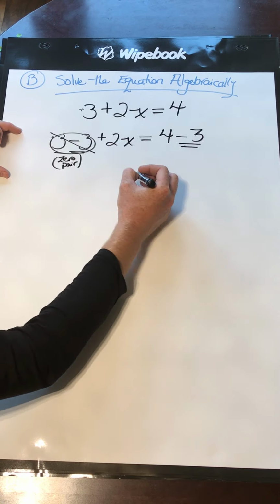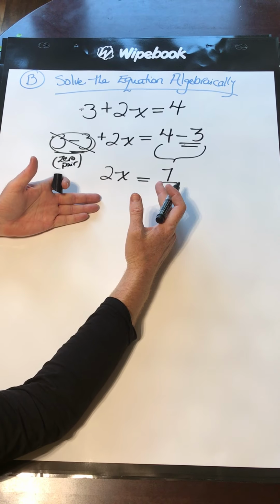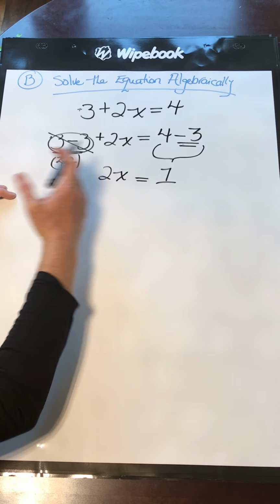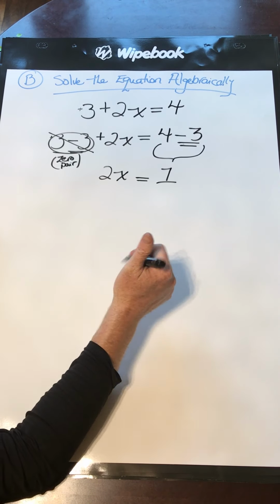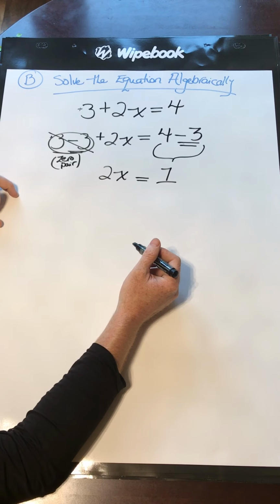And I simplify on the right side, and I'm left with 1. So I look at my equation and I say, are all the variables on one side and all of the integers on the other side? And I can say, yes, I have accomplished that.